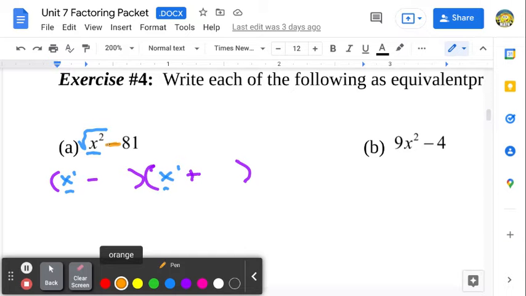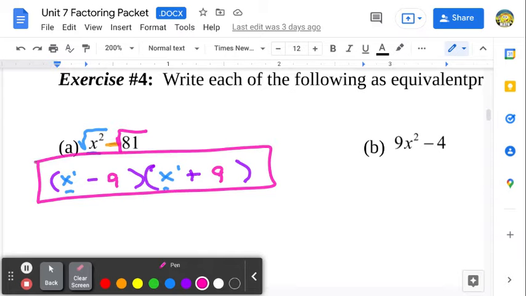You don't need to worry about that. Once you realize it's there, all you are going to do is square root the 81. And the square root of 81 is 9. So that goes here. And we factored. We're done. Did it. Let's go to the next one.